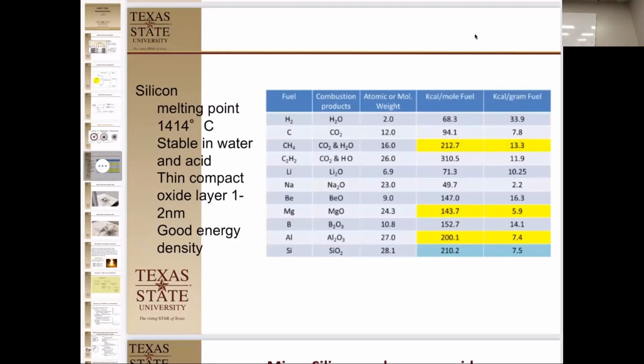Most of the beryllium we get is used in some sort of flame type device. But it's fairly high in the energy density. Most people use aluminum, silicon, and magnesium because they're cheaper. And they have about the same energy density for the set, with aluminum and silicon being the best.